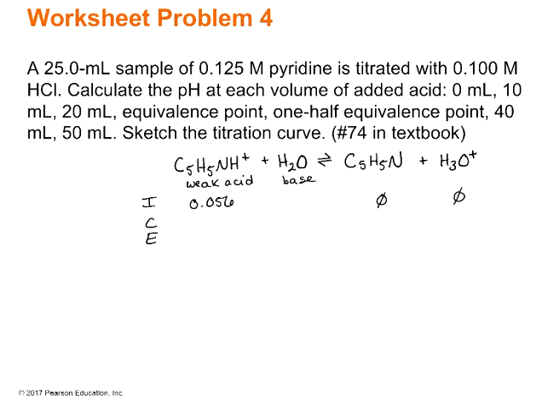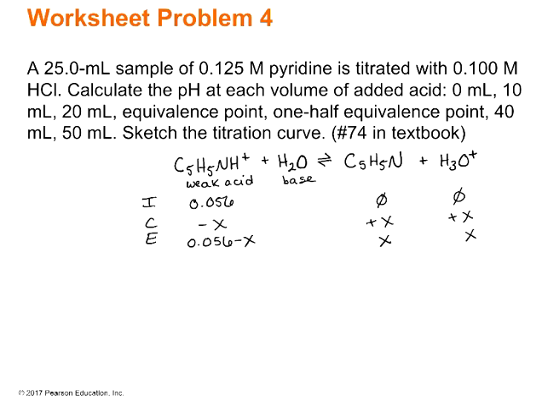And then our change, we're going to lose some amount of our weak acid because it naturally reacts with water. And we'll gain some amount of our two products. So our equilibrium expressions are 0.056 minus X for the weak acid, X for the weak base, and X for the hydronium ions.